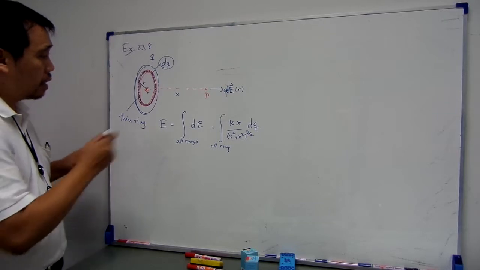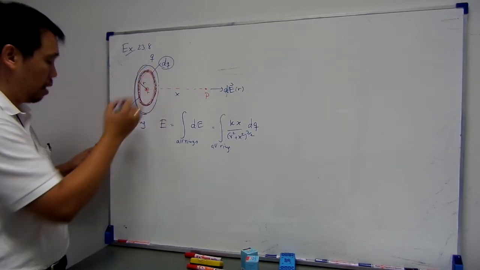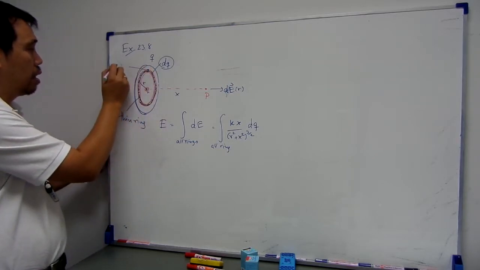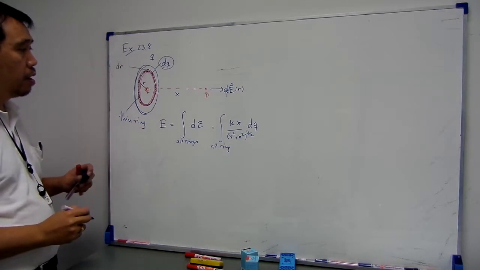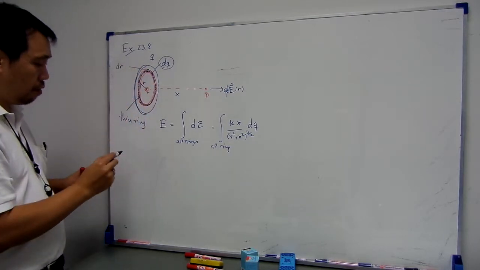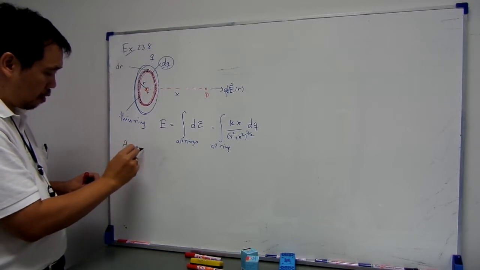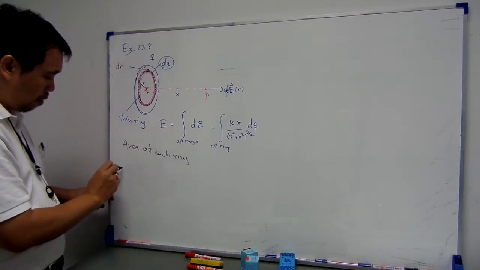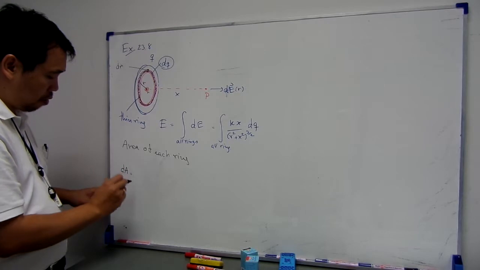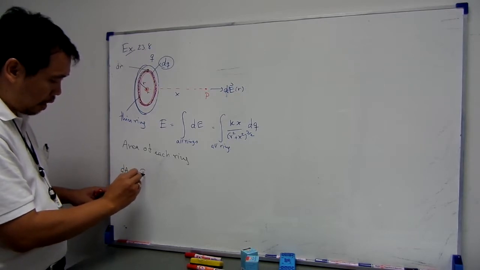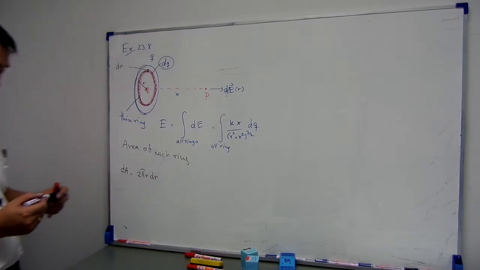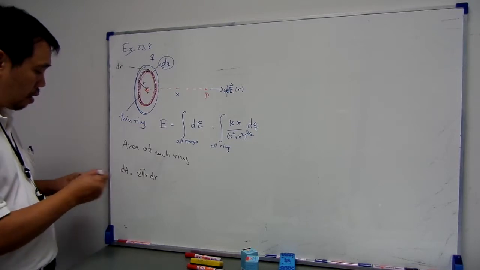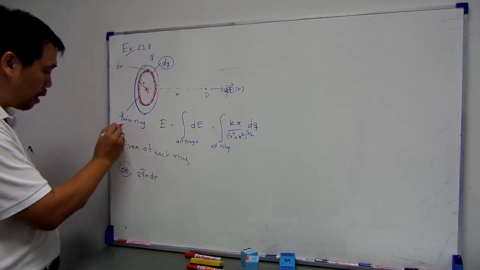If we say that the thickness of each ring is dr, it means that the area of each ring is dA equal to 2 pi r dr. We can use this expression just because this is the area of a very thin ring.